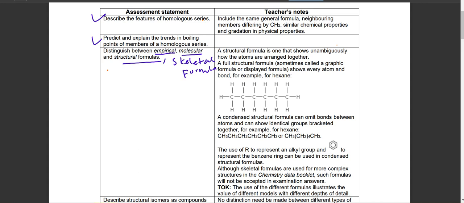Let's take a look at this. The use of different formulas illustrates the value of different models with different depths of detail. Exactly. What we are doing here is trying to write down something that we can see, so we model it to be easier for us to understand.